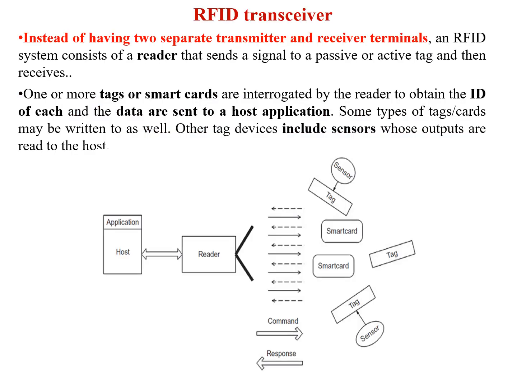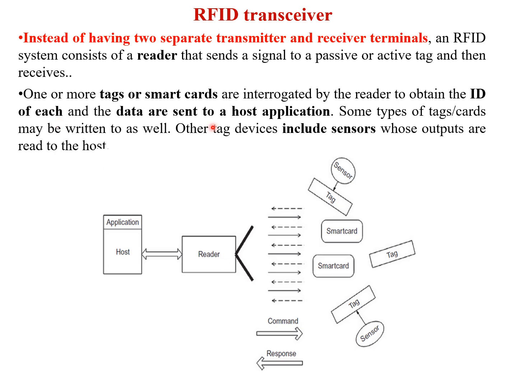RFID transceiver. An RFID transceiver is a device that sends radio waves to an RFID tag and receives the tag response to identify or track an object. Instead of having separate transmitter and receiver terminals, an RFID system consists of a reader that sends a signal to an active or passive tag and then receives the signal from it.